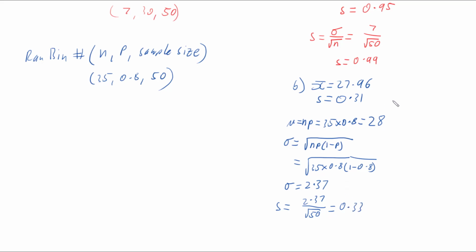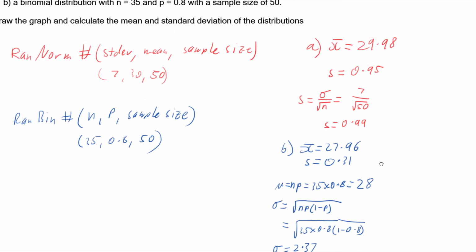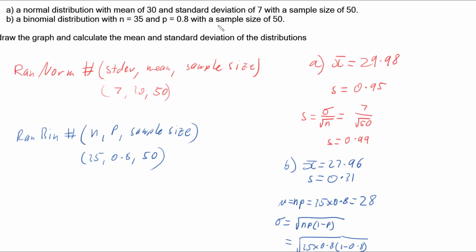So if I have a look at our comparison now, for our normal distribution, we were expecting to have a mean of 30 and a sample standard deviation of 0.99. We got a mean of 29.98, which is very close, and a standard deviation of 0.95, which is 0.04 off, so it's not too bad.